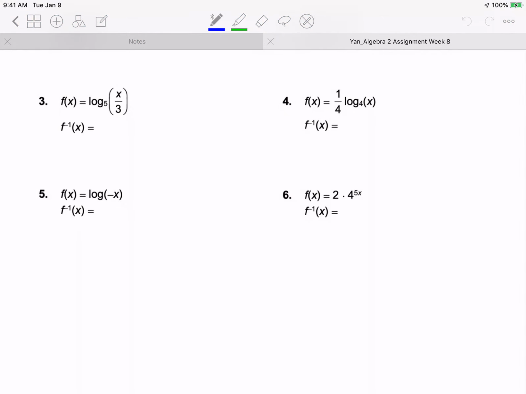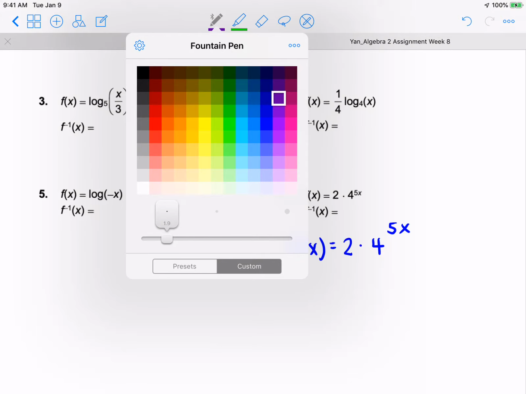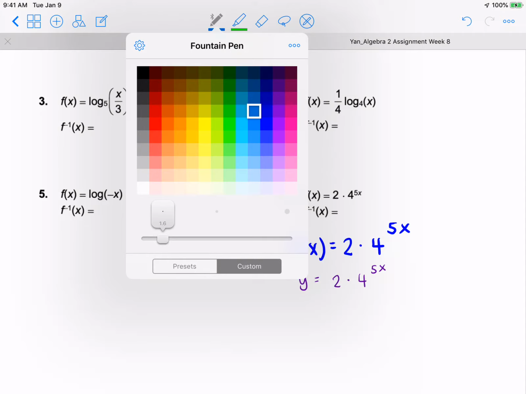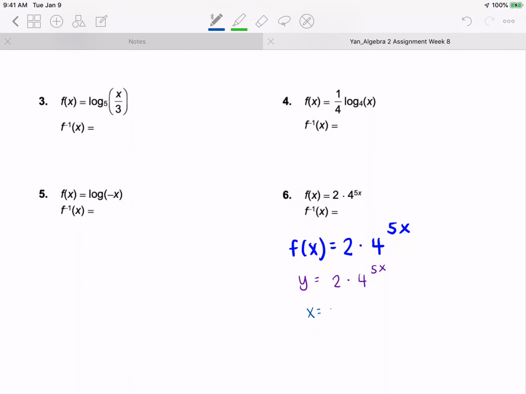Okay, so number 6, they gave you 2 times 4 to the 5 over x. And let's follow our steps from earlier. We gotta rewrite as y equals 2 times 4 to the 5x. And then we gotta swap our x and y.